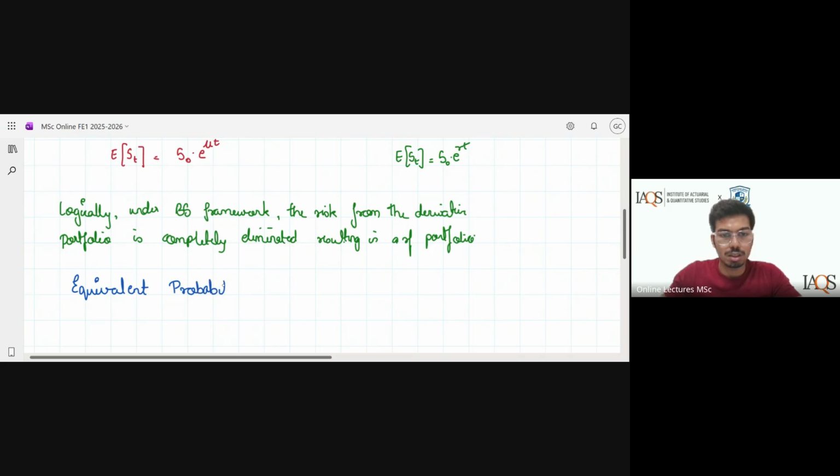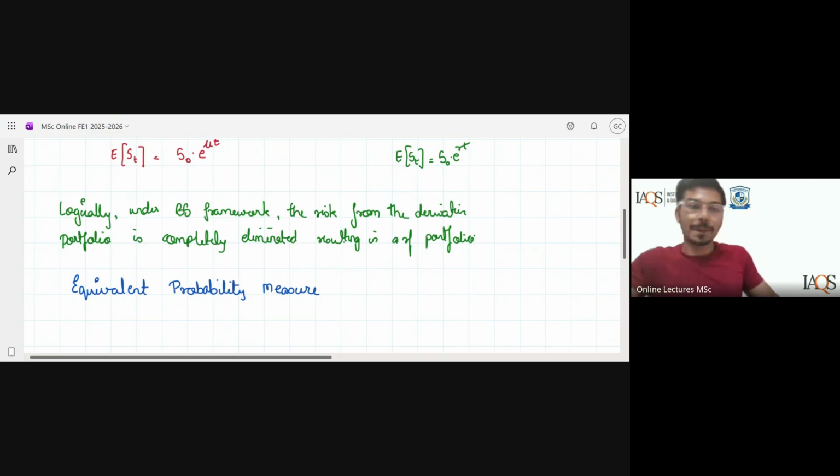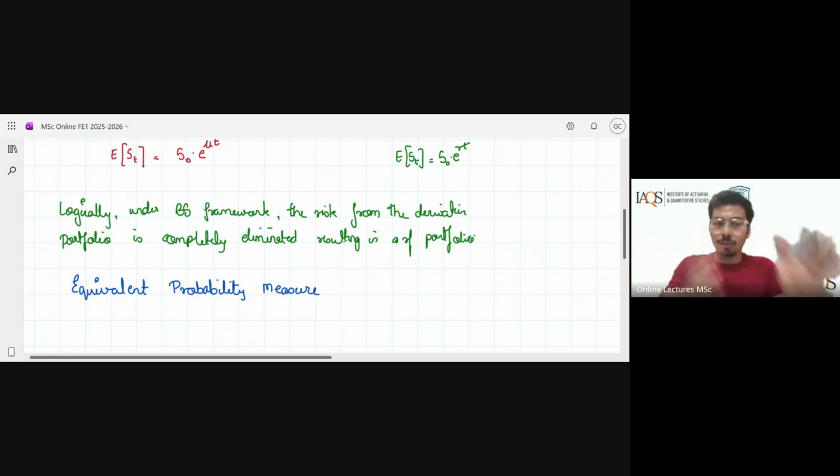Probability. Now, in order to do the CMG theorem, we'll first have to understand equivalent probability measure. Therefore, we'll first understand equivalent probability measure, then we'll understand the CMG theorem.